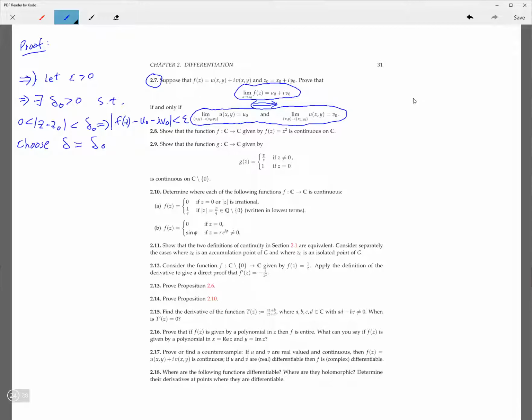I should have thought more about this. Let's see, does that work? Yes, that's going to work. Okay, so we do have this implying this piece right here.